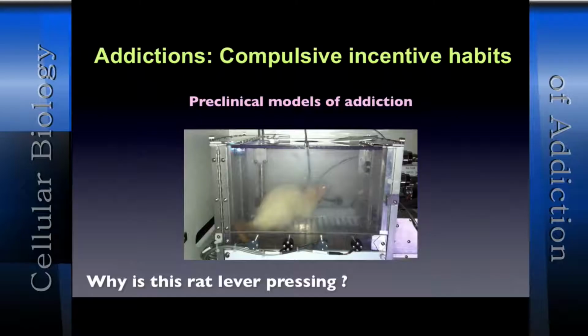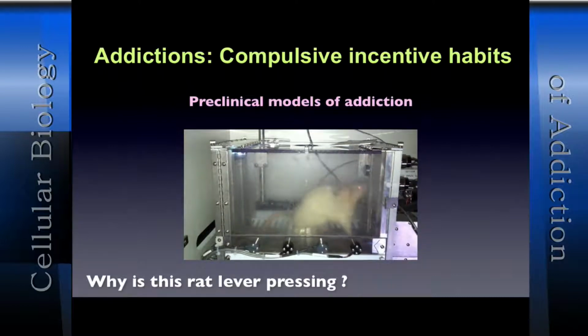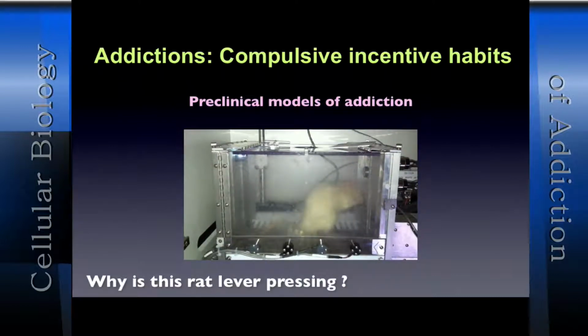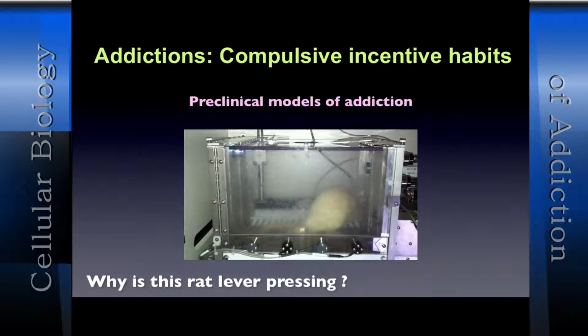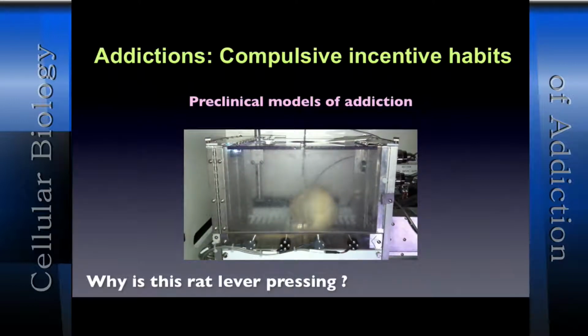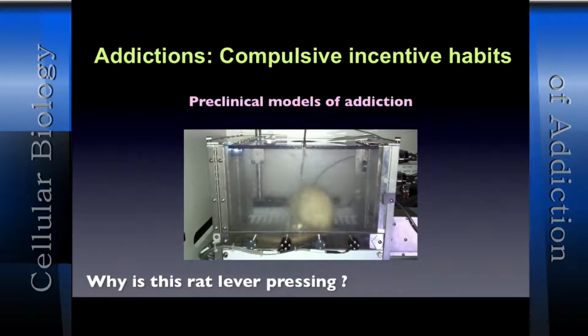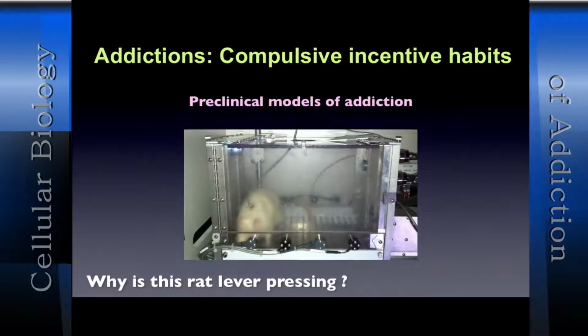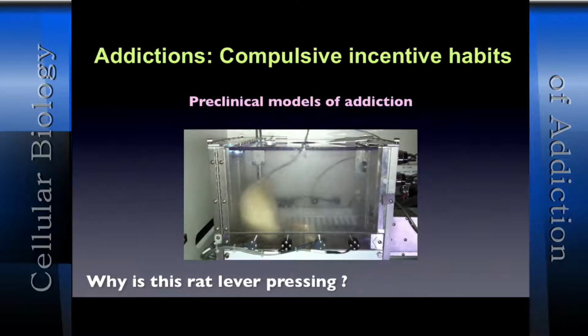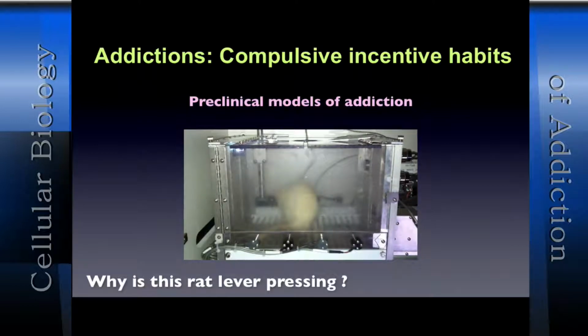So now, this is the gold standard model of addiction. One rat here in a self-administration box. He has to press 5 times on the lever. And actually, he's already taken cocaine, so he does a little bit of stereotypies with his head. And when rats take cocaine, it's not like food reward. They don't stick to the lever. They have to move in the box because of psychomotor activity effects of the drug.